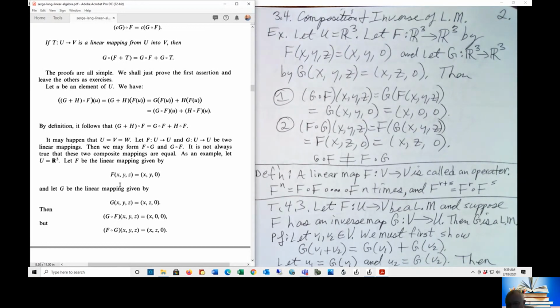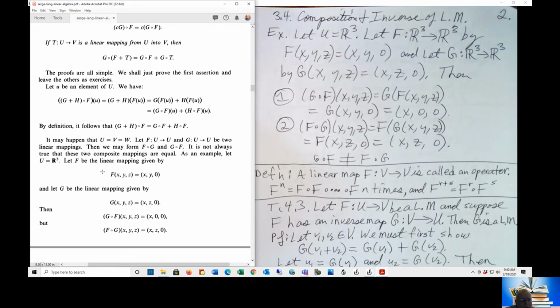F to the nth power is F composed with F composed with F composed with F, n times. And if r and s are non-negative integers, then F to the r plus s power equals F to the r power composed with F to the s power. And we'll use that from time to time.